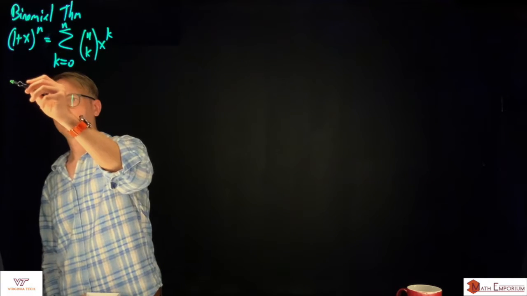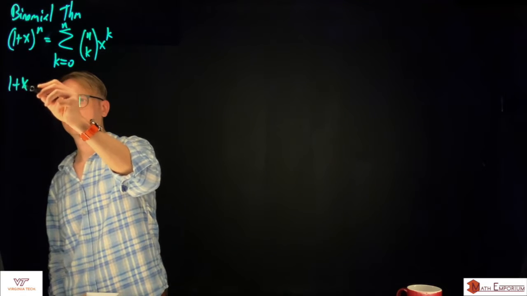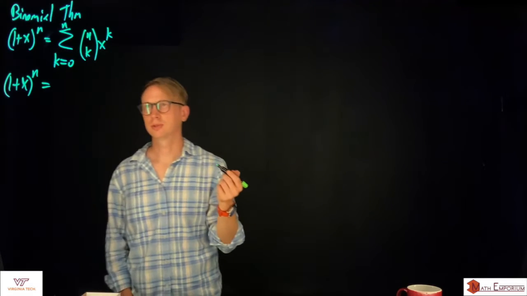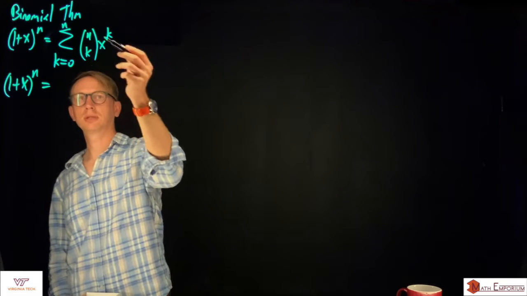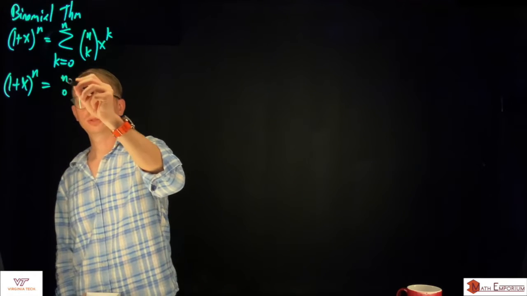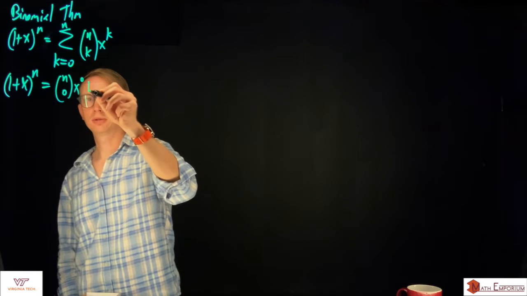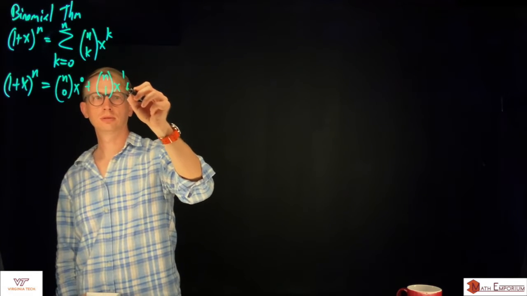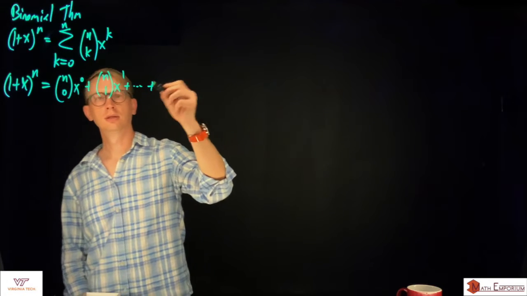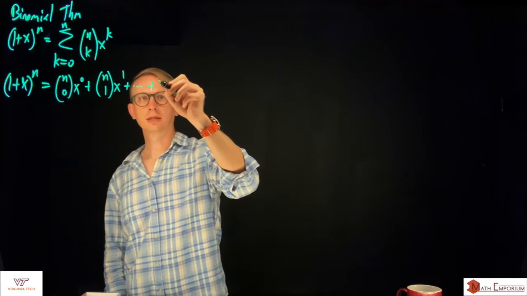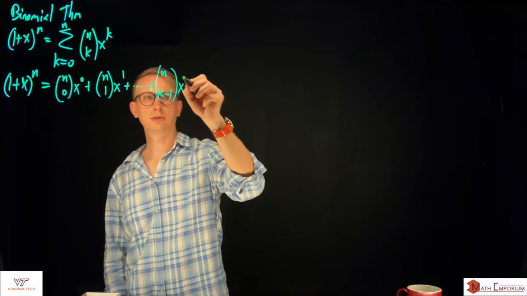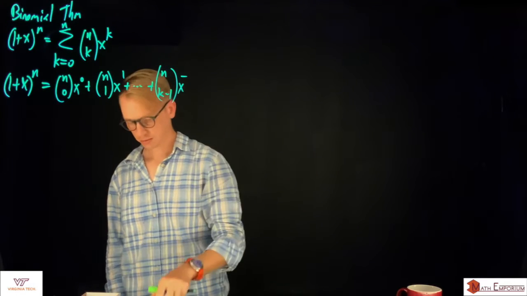And so I think it's necessary, considering that you may not have a ton of experience with summations, to realize this is a shortcut to just writing n choose 0 x to the 0 plus n choose 1 x to the 1 plus dot dot dot. The last two terms would be n choose k minus 1 x to the k minus, sorry.